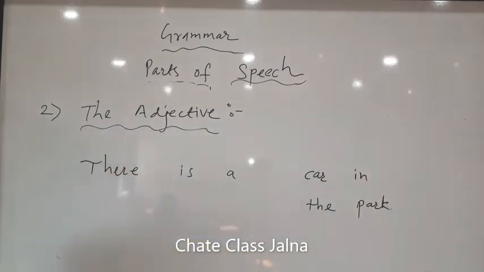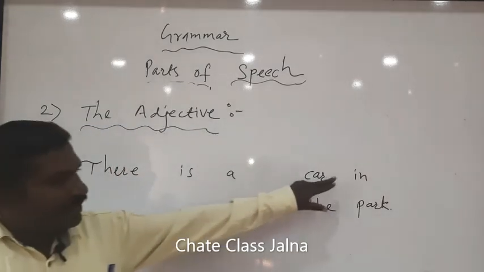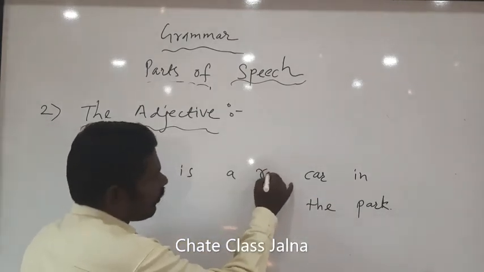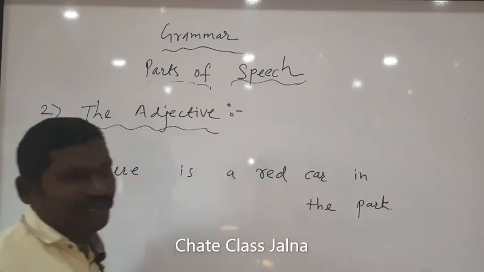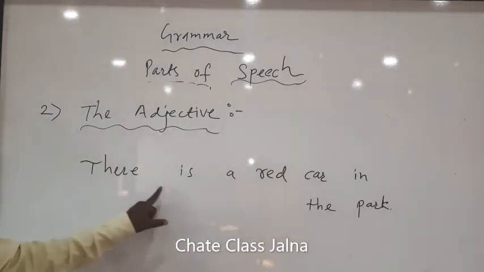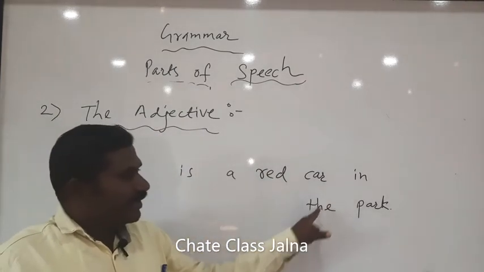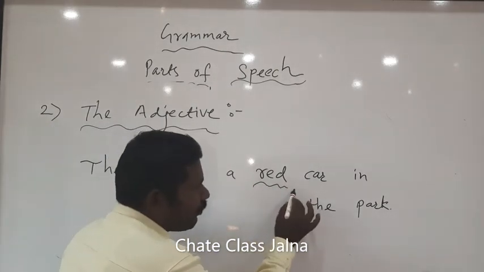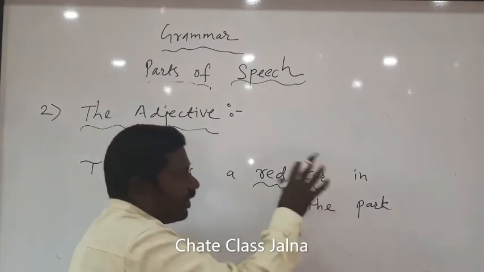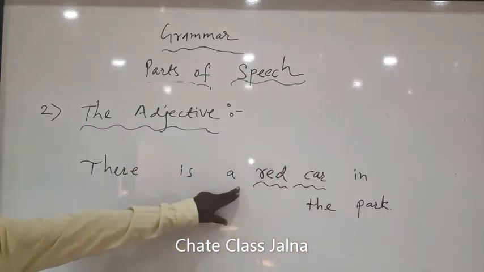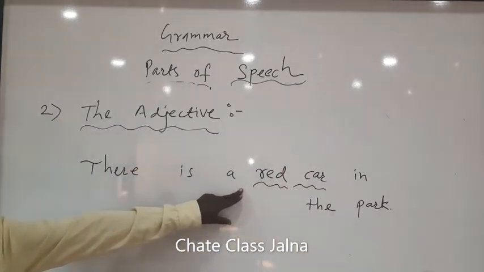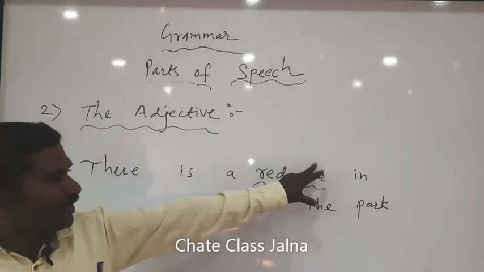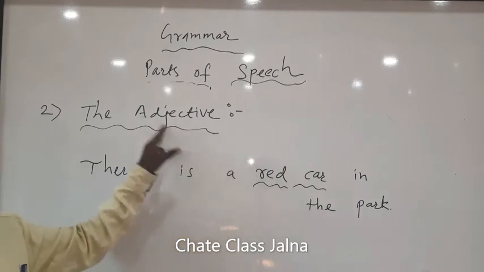In this sentence we can use red: there is a red car in the park. Here red is telling more about the car. How is the car? It is red. Those words that tell more about the nouns in sentences are called adjectives.